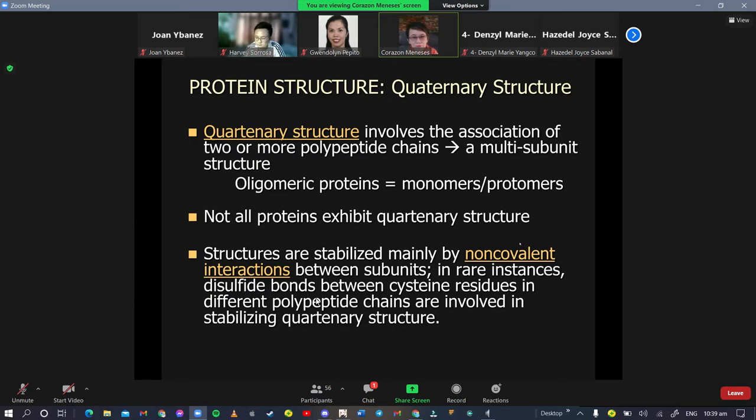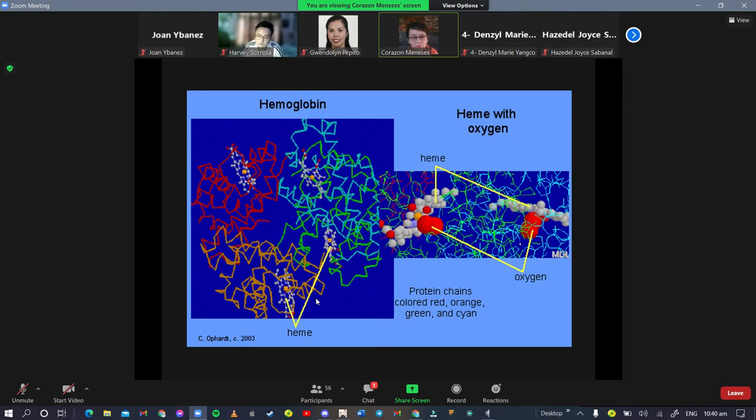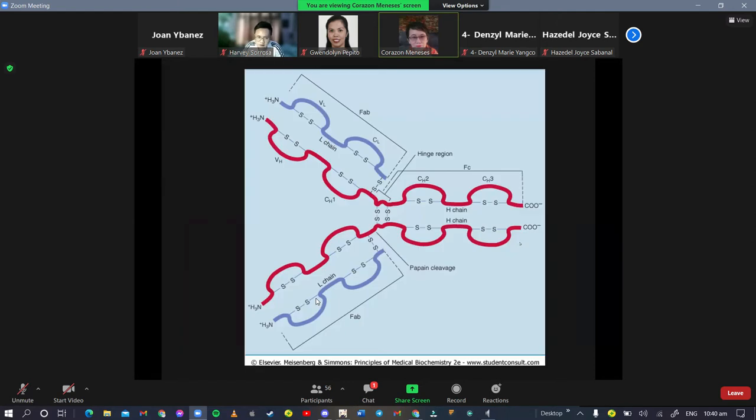So all of this is brought about by your non-covalent interaction. After the primary, the rest of the structural forms or conformations are brought about by non-covalent interactions. Okay. So this is your Ig molecule. How many polypeptide chains do you have?